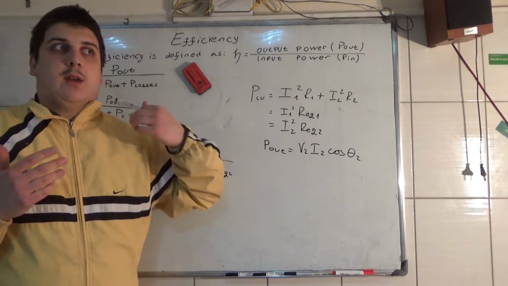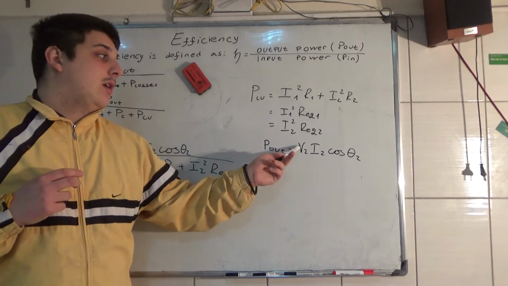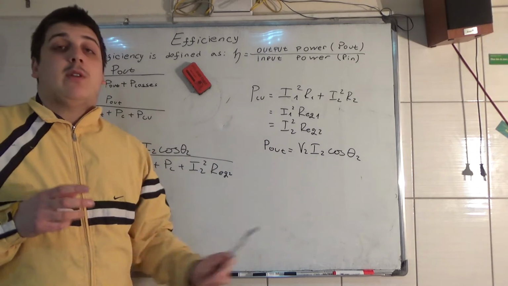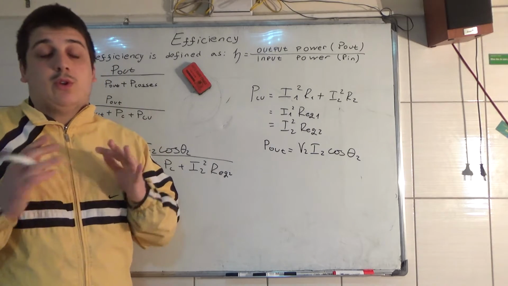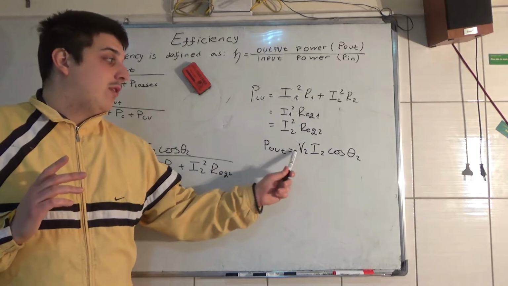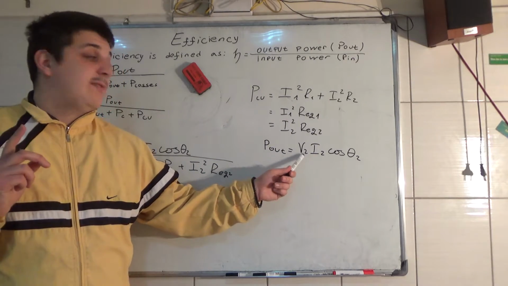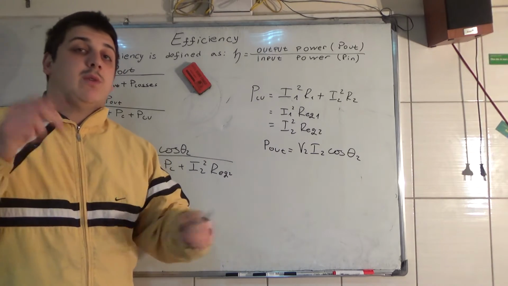If it was a three-phase transformer, you would just multiply this by 3. But it's not three-phase now, so you don't have to worry about it. And also, if you bring in the number 3, you need to know that this is a phase voltage. If this was a line voltage, you would then multiply by the square root of 3.